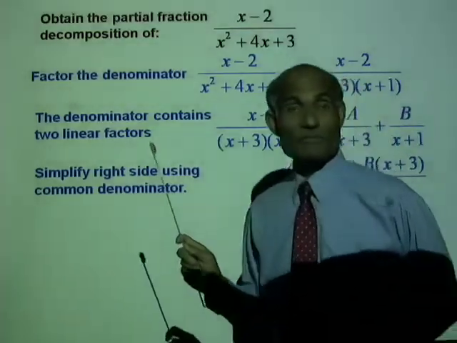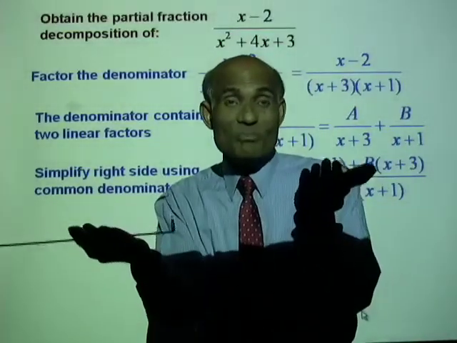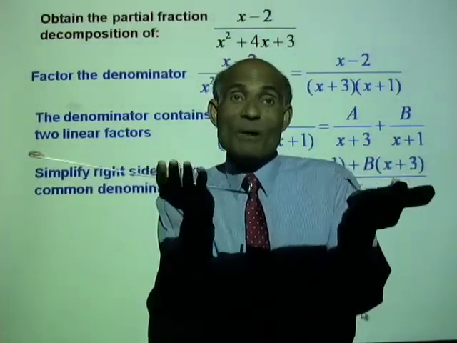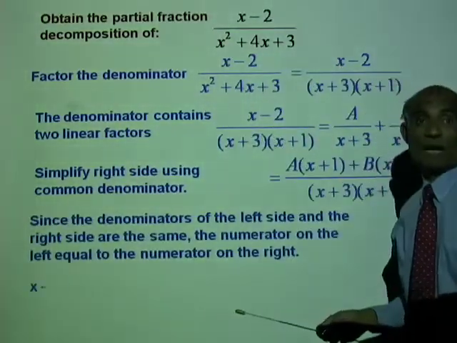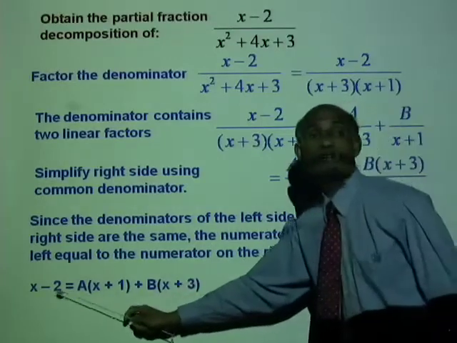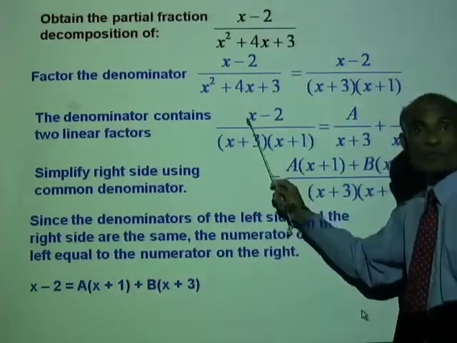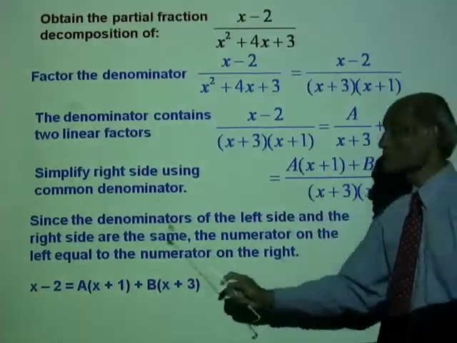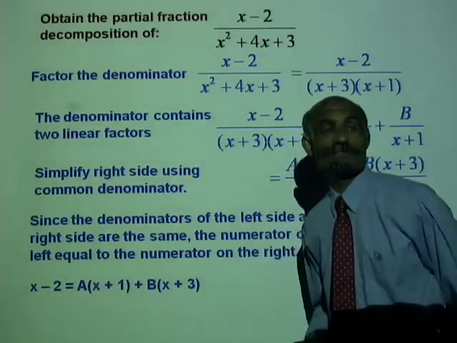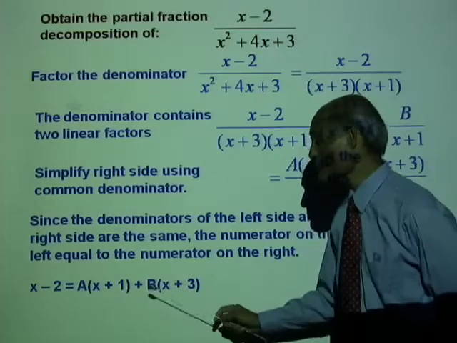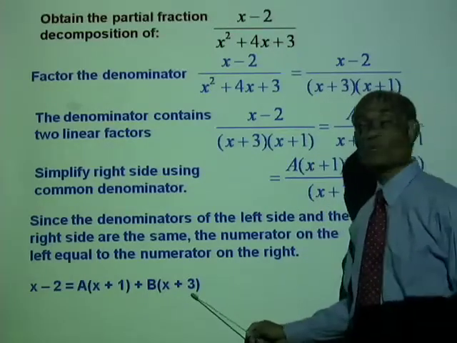Don't you think so? Yes, because that is the property of equality. If the denominators are equal, the numerators have to be equal. And therefore, we set the numerator of the left-hand side equal to the numerator of the right-hand side: x minus 2 equal to a times x plus 1 plus b times x plus 3.